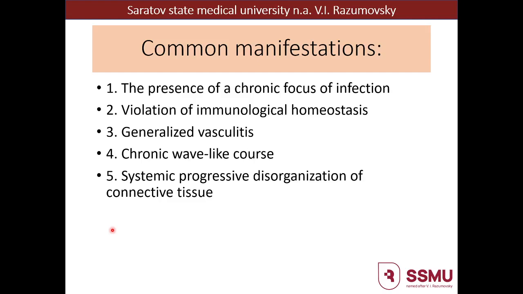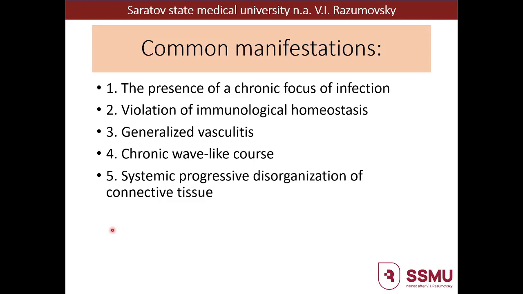A chronic wave-like course is the typical clinical picture for all these diseases, and we may see some light periods and some periods of rising of injury and rising of disease for all diseases from this group, and all of them are associated with systemic progressive disorganization of connective tissue.